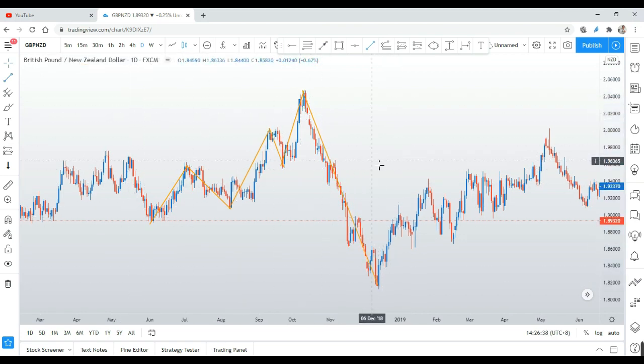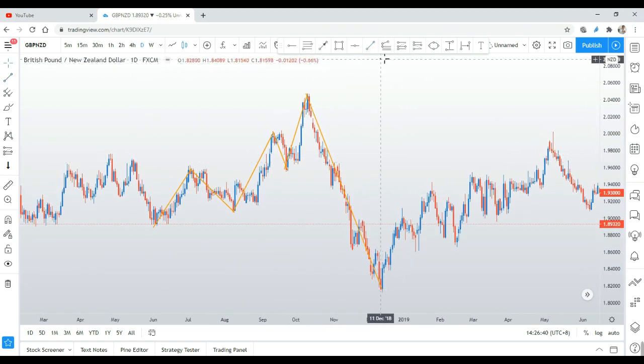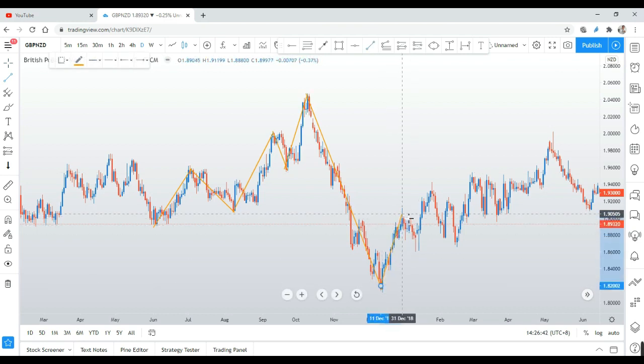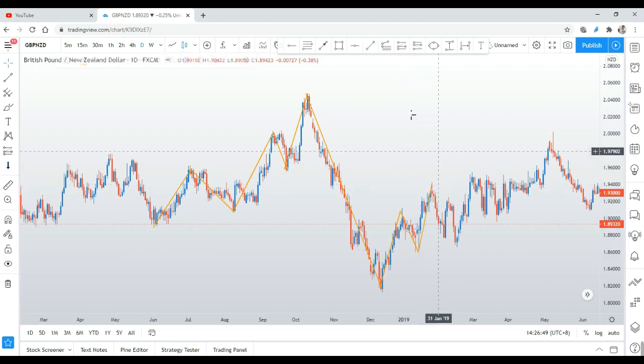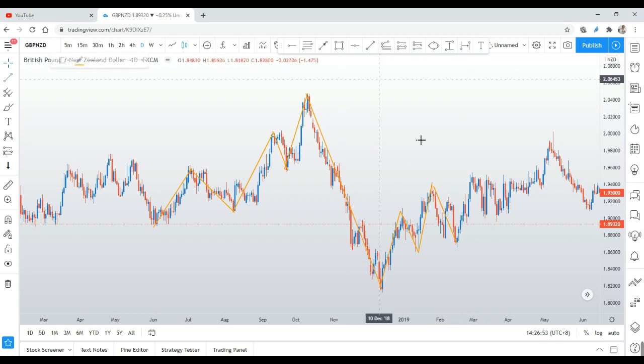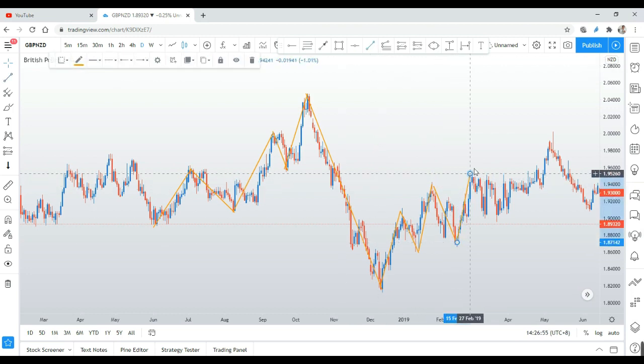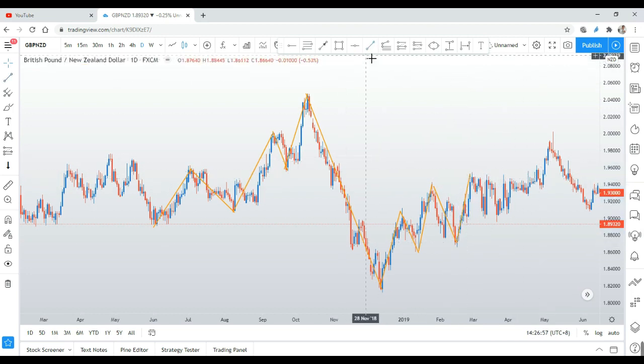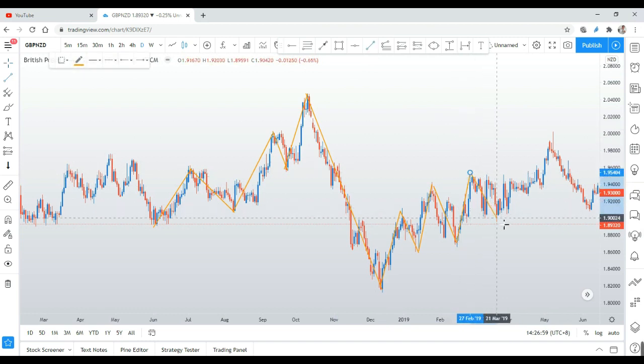You can see it properly and clearly, and the price comes back in a compression form, exactly like what I've drawn just now. And then at this place, it makes a fake out. There is a fake out at this point. It's a 3 to 2 fake out.